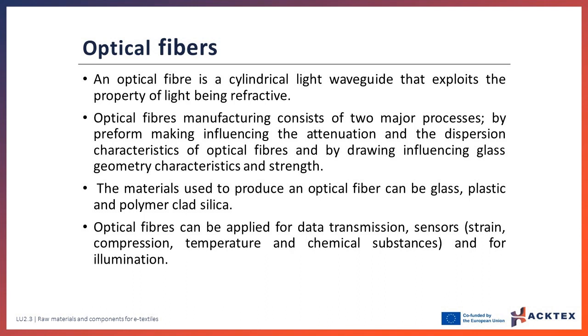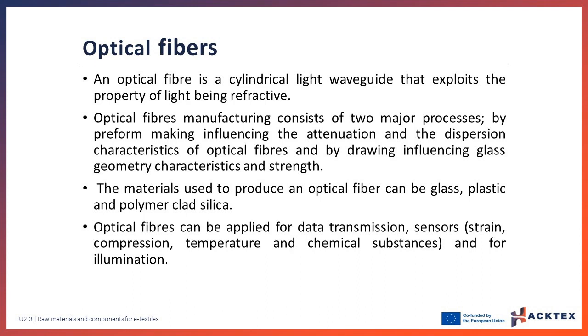Optical fibers manufacturing consists of two major processes: preform making, influencing the attenuation and the dispersion characteristics of optical fibers, and drawing, influencing glass geometry characteristics and strength. The materials used to produce an optical fiber can be glass, plastic and polymer-clad silica.